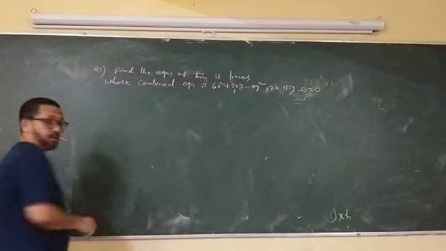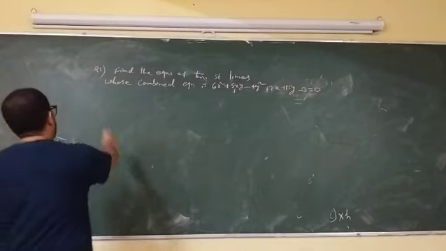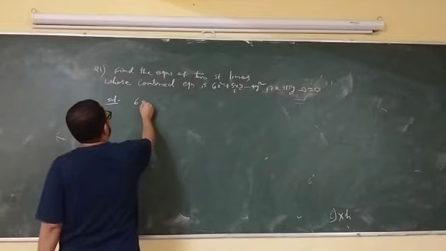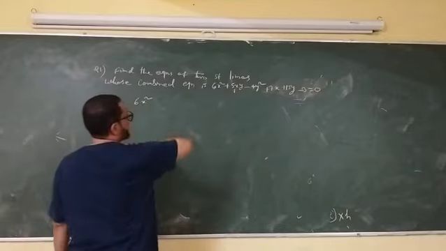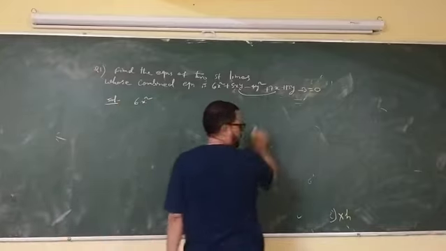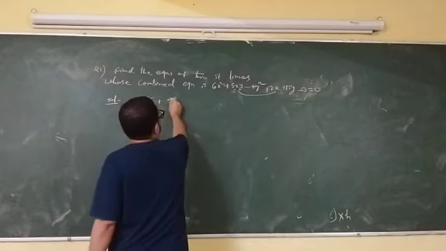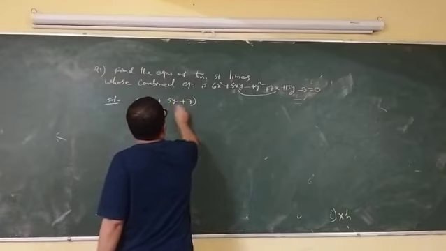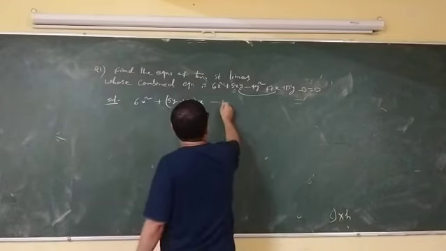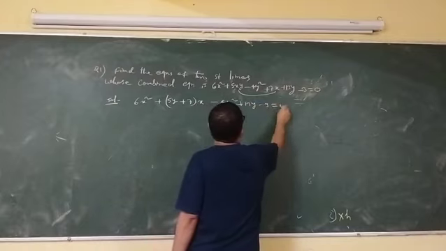So see, the first one is 6x square, and here take these two x portions. If you take x common, what will happen? (5y plus 7) times x minus 4y square plus 13y minus 3 is equal to 0.